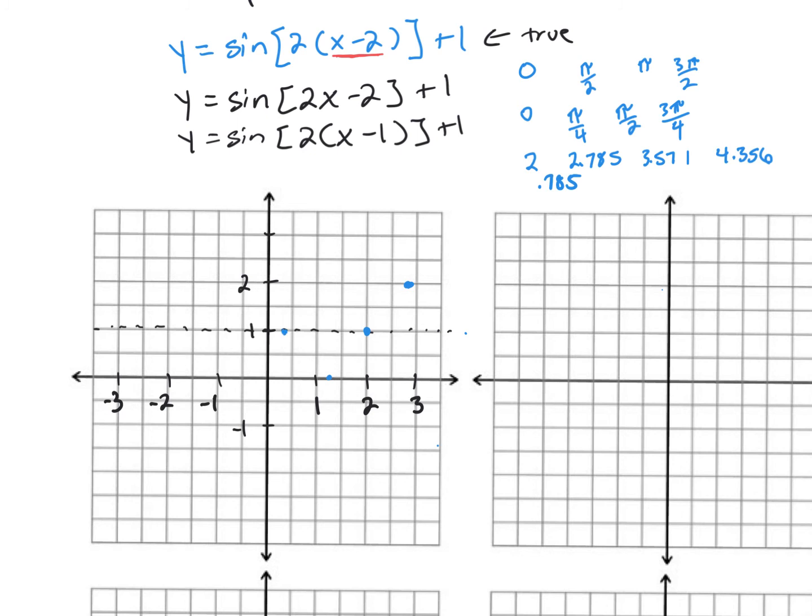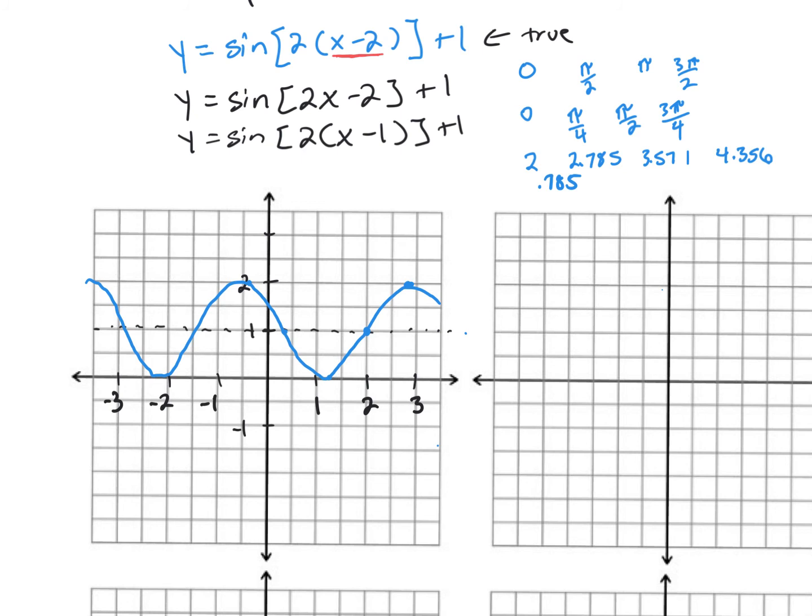Keep subtracting 0.785, and then it's negative 3 point something. So this is about here. If I connect it and continue the idea, it kind of looks like that.